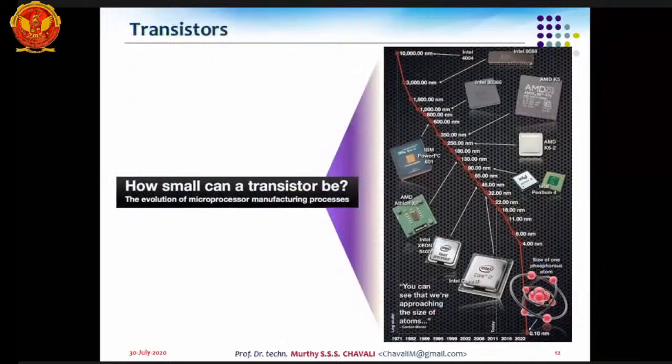And since your expertise is in electronics, you can easily understand how the size of the transistor has come down from 10,000 nanometers to almost 6 to 4 nanometers, and it is still going down, further reaching close to atom size.